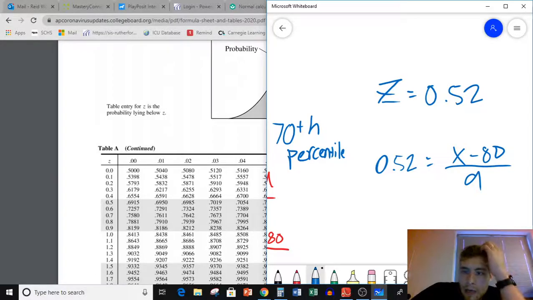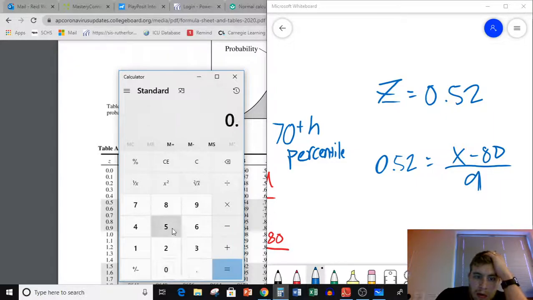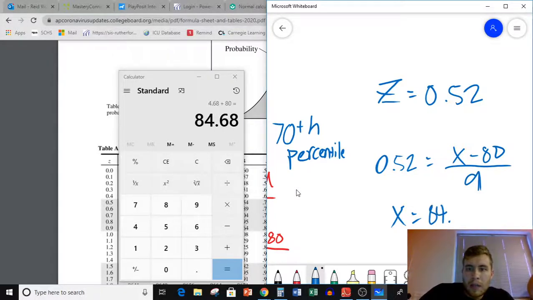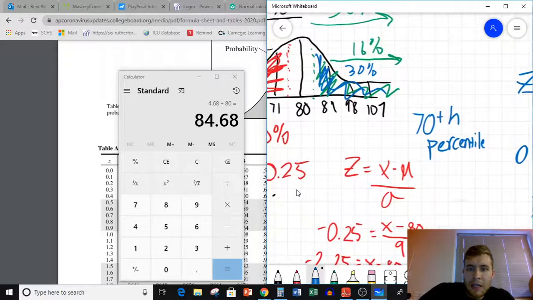Okay, now we're going to have to multiply by 9, add 80, just like we did in the last one. So 0.52 times 9 plus 80. So we're going to get x equals 84.68.